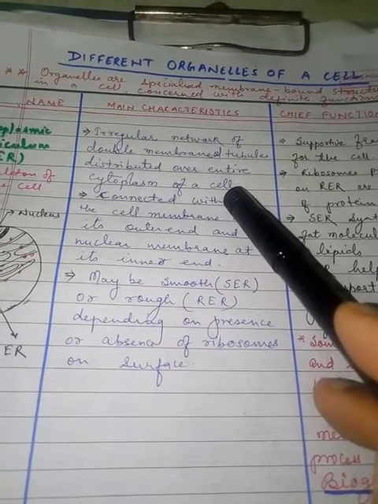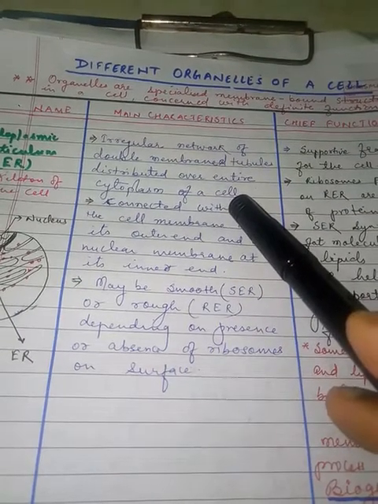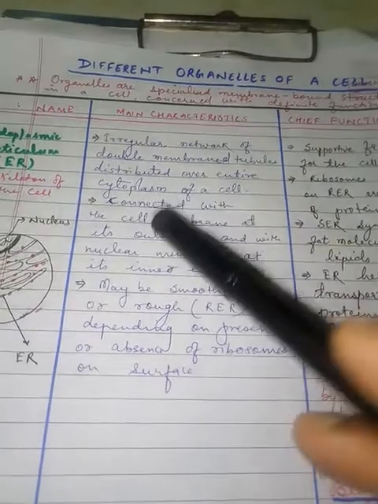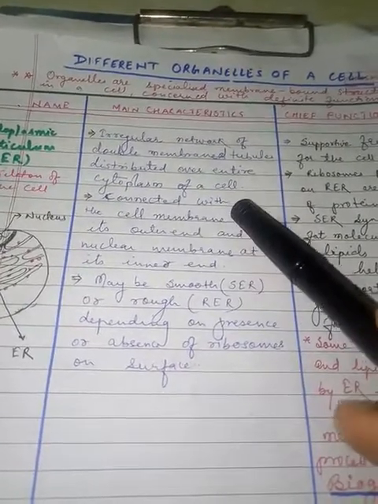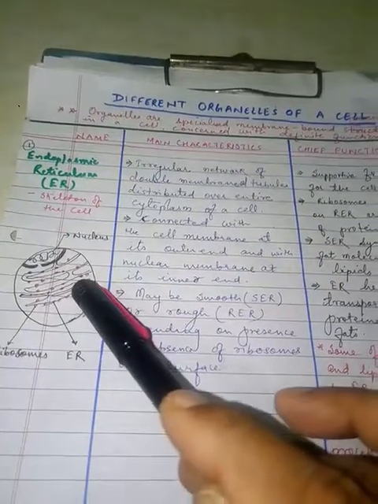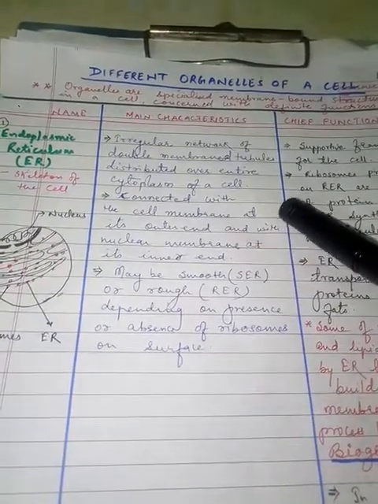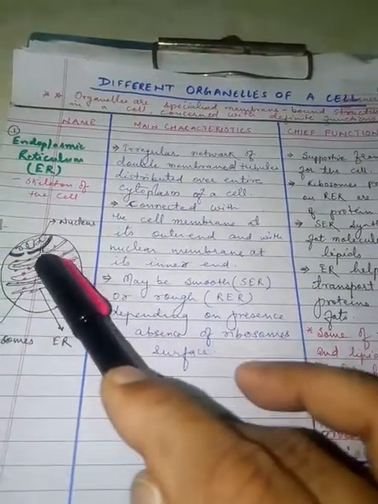Means a major portion of the cytoplasm of the cell is being occupied by the endoplasmic reticulum in tubular form. You can see here it is present in the tubular form like this, and it remains connected with the cell membrane at its inner end.